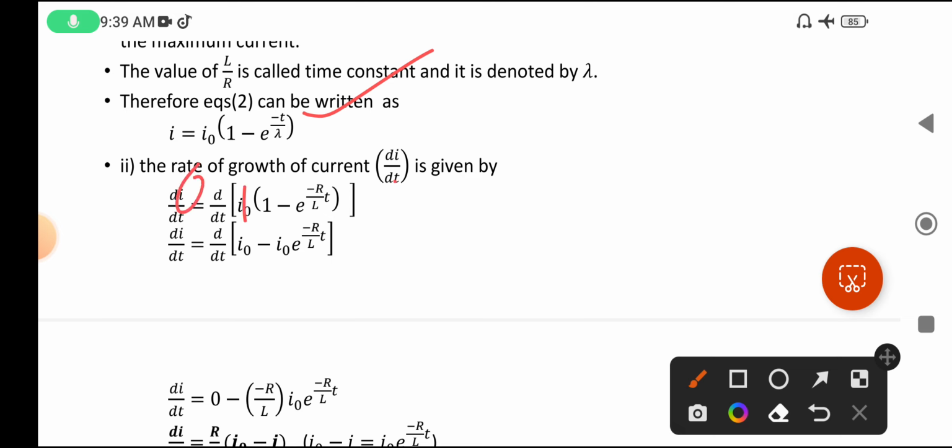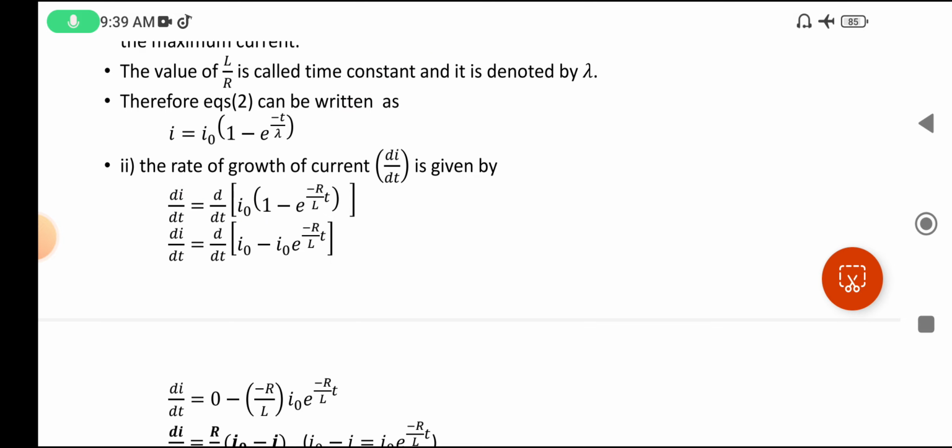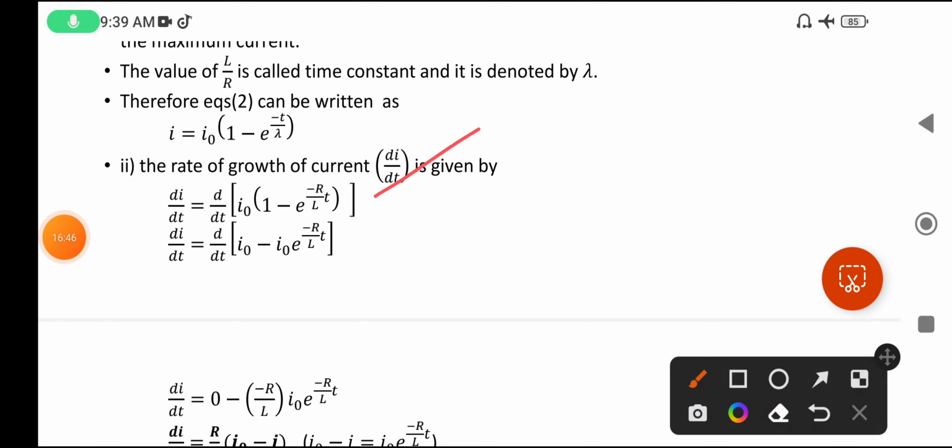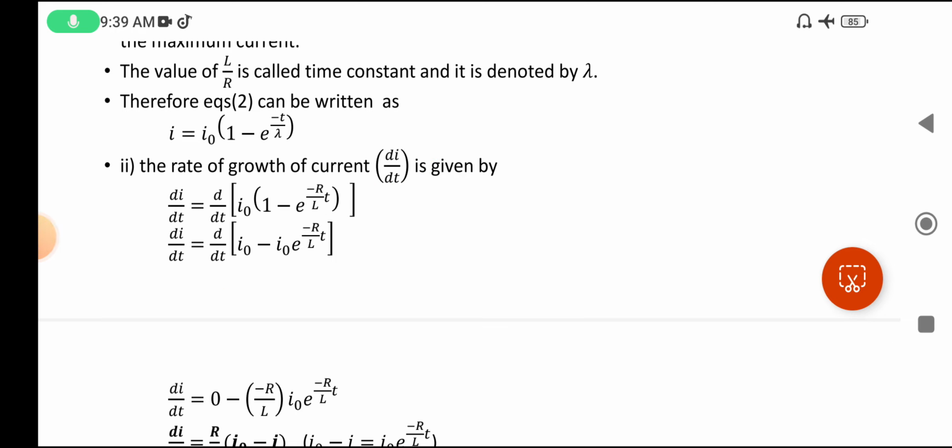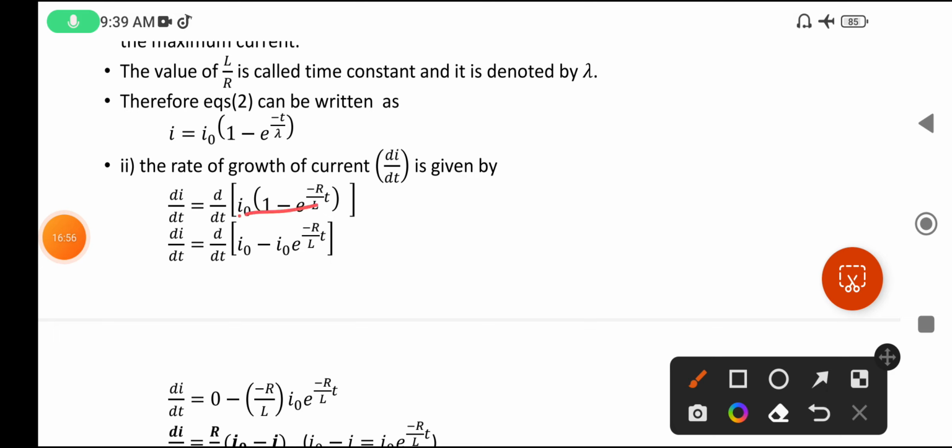Generally I is equal to I naught times 1 minus e power of minus R by L t is the formula, and if you differentiate on either side, you get this. After differentiating, first multiply I naught inside.